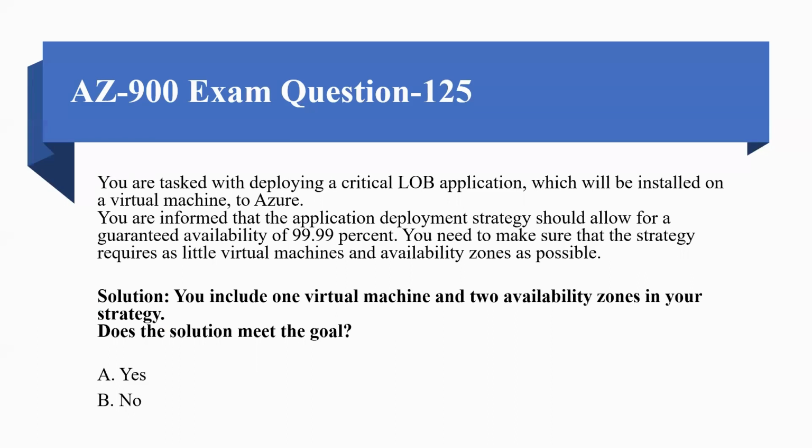And the solution provided is you include one virtual machine and two availability zones in your strategy. Does this solution meet the goal? It should be no, because for a guaranteed availability of 99.99%, the minimum requirement would be two virtual machines and two availability zones. So it should be no.